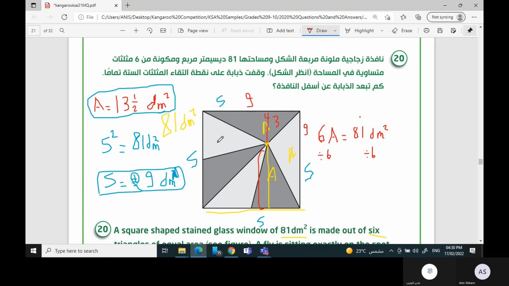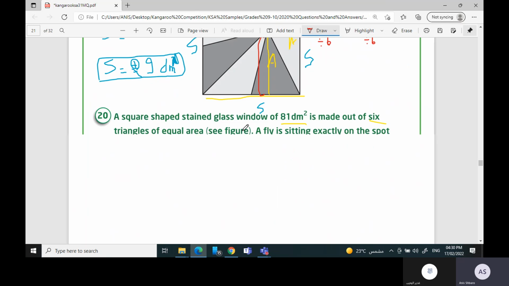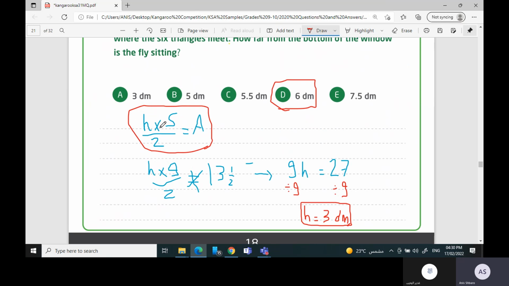And each area is equal to 13.5. I can easily find H. So I use the rule: H, the height, times the base over 2 is equal to the area. So H multiplied by the base, which is S, which we found is equal to 9, divided by 2 is equal to the area, which is 13.5.